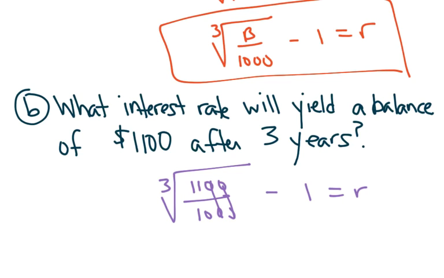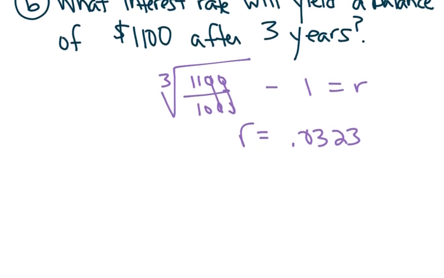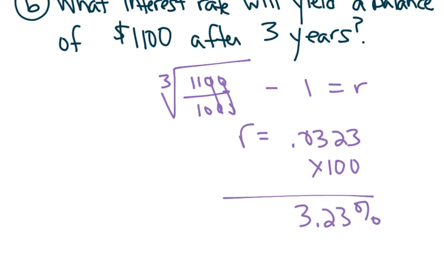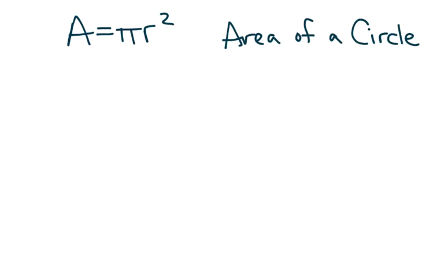And I'm going to get R equals 0.0323. Remember, the rate is a decimal. So if I want to turn that back into a percent, because normally interest rates are given as percents, you would multiply that by 100 and find out it's approximately 3.23%.